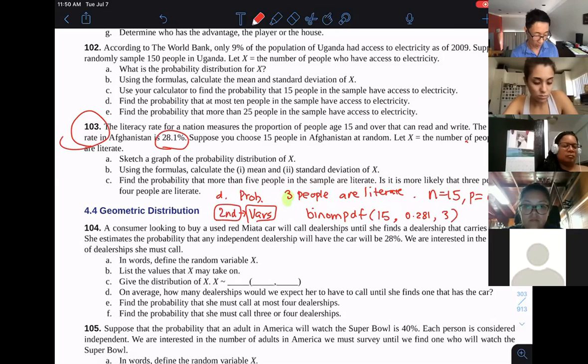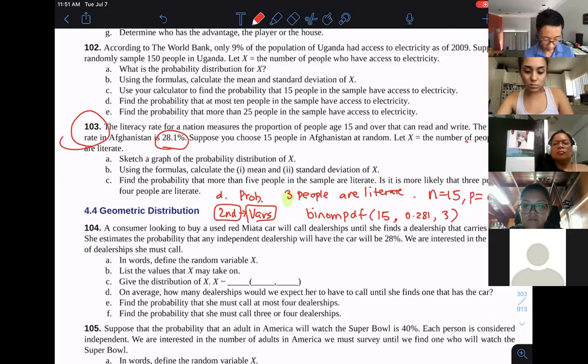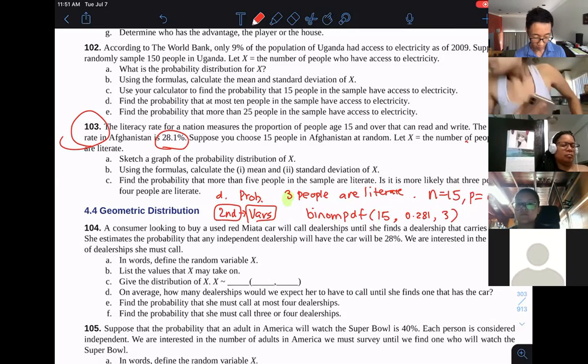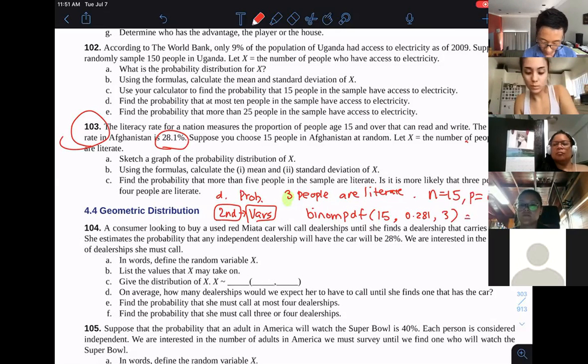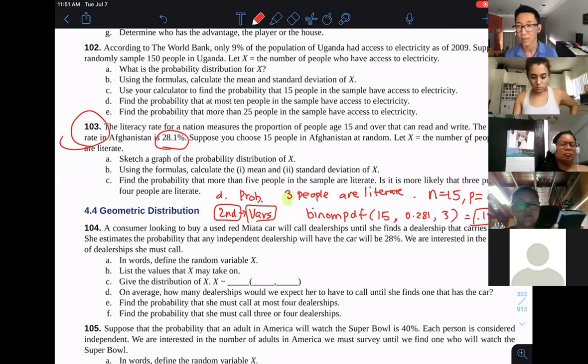So binom CDF, number of trials 15, P is 0.281, and then 3. I got 0.193. So about a 19.3% chance.